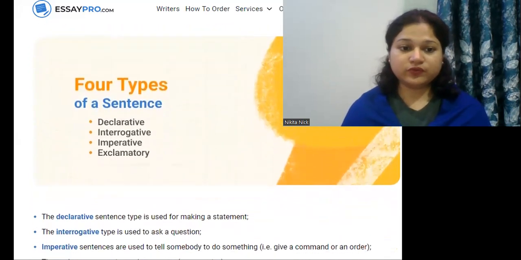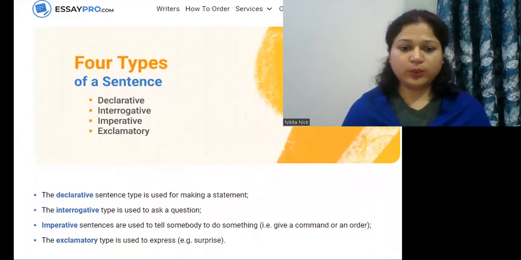What are those? First one is declarative, second interrogative, third is imperative, and fourth one is exclamatory. We're going to learn the definitions of these types of sentences. Declarative sentences are used for making a statement. It could be a negative or positive statement.